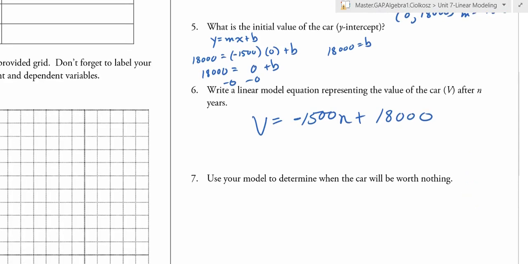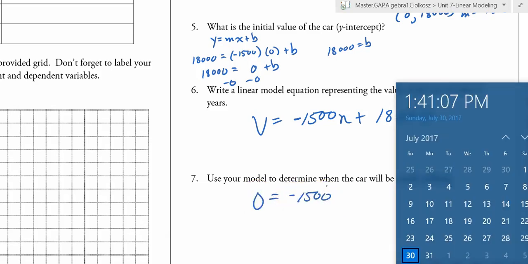So my model, when the car is worth nothing, set v to a value of 0. And we're figuring out how many years that would take. It's saying when.